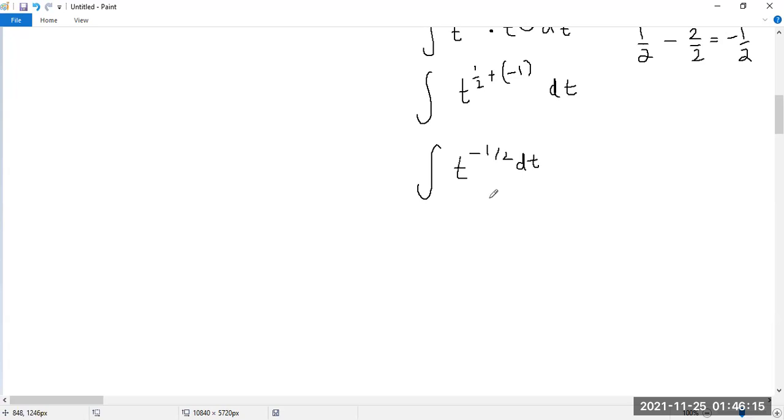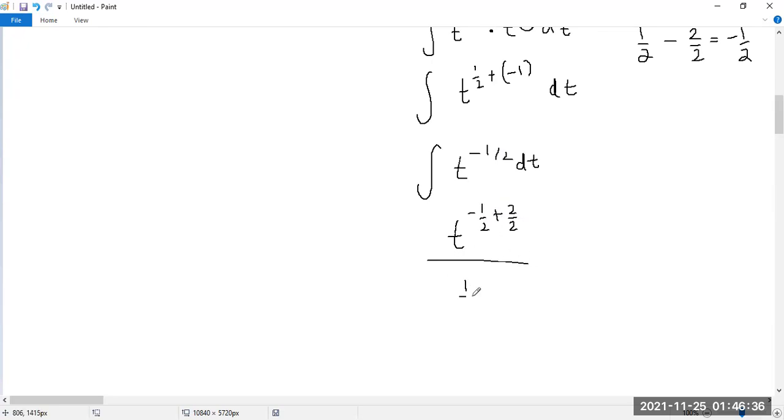If I wanted to take the integral of this, I would have to add 1 to the exponent and then divide by whatever I added. So the integral of this would be t to the -1/2 plus 2/2, adding 1 to the exponent, dividing by whatever I added.